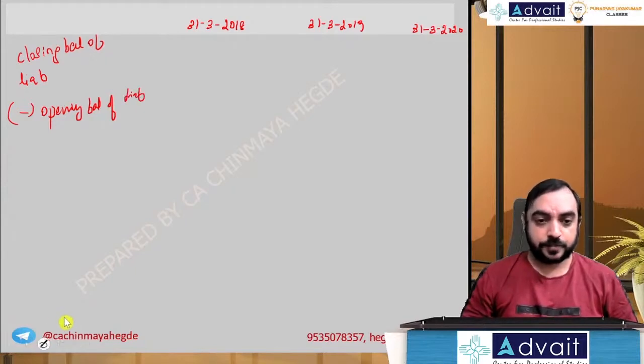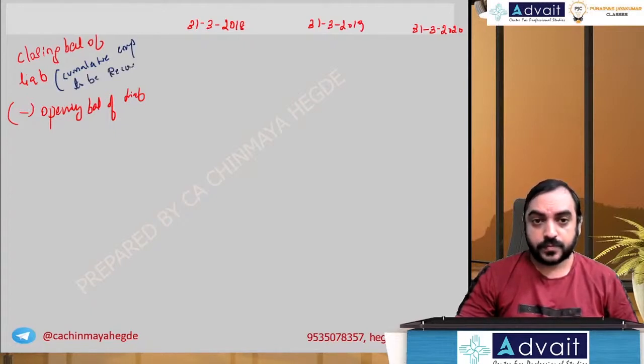Closing balance is cumulative expense to be recognized, or cumulative expense till date. And the opening balance means cumulative expense already recognized.